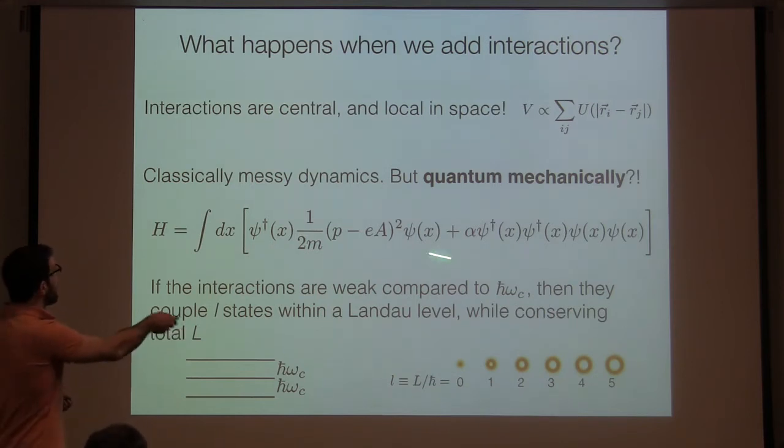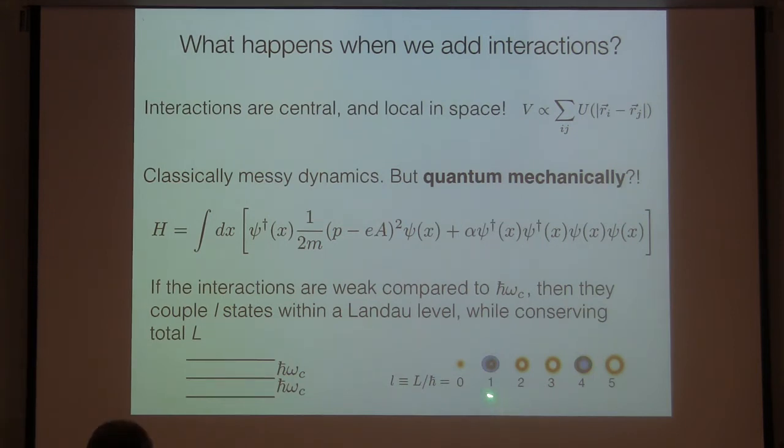Well, let's think about what these collisions do. What you discover is that if I have a particle in L equals 1 and a particle in L equals 4, when they collide with each other, we need to conserve more or less energy and angular momentum. So we're going to stay within these lowest Landau level wave functions, and to conserve angular momentum, 1 and 4 can go to 2 and 3, or it can go to 0 and 5.